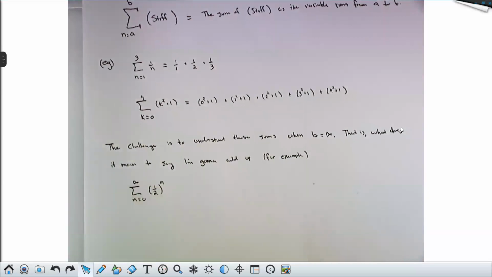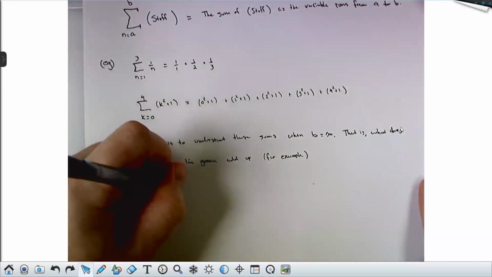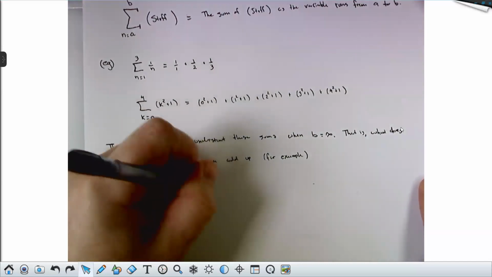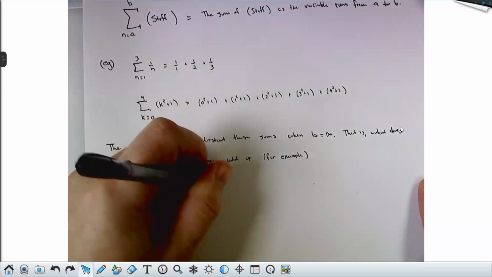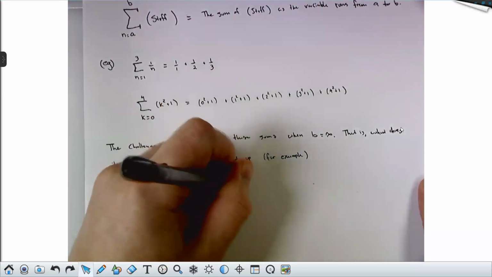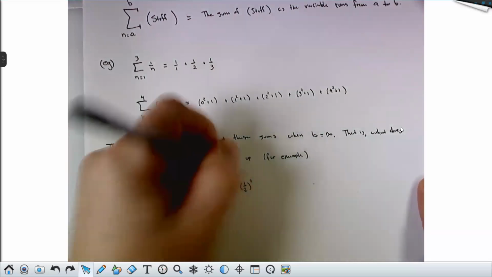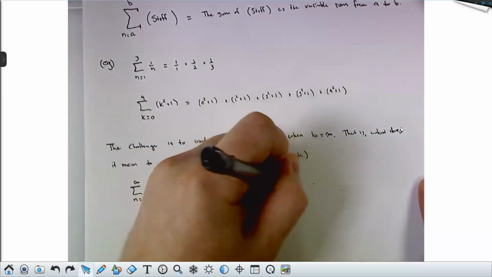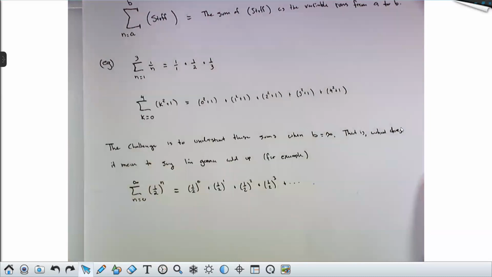And like I said, the trick is to think of it the same way you think of an improper integral. The first and most intuitive thing is to say, well, this is 1/2 to the 0 plus 1/2 to the 1 plus 1/2 to the 2 plus 1/2 to the 3, and so on forever and ever.